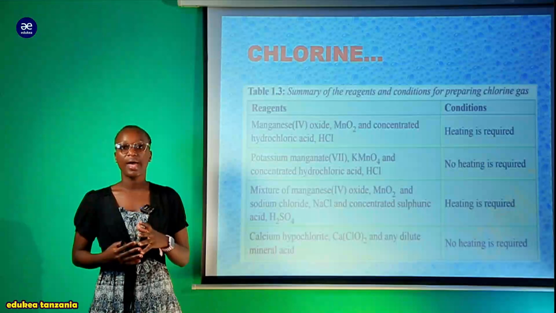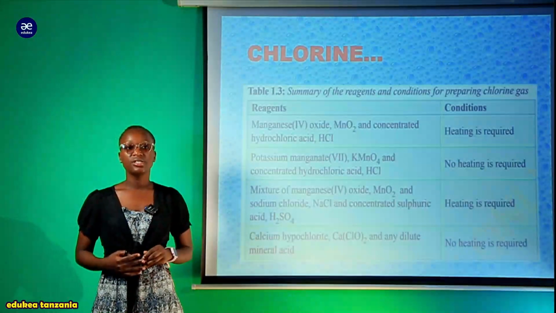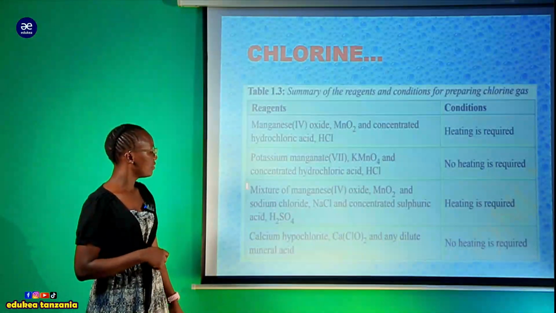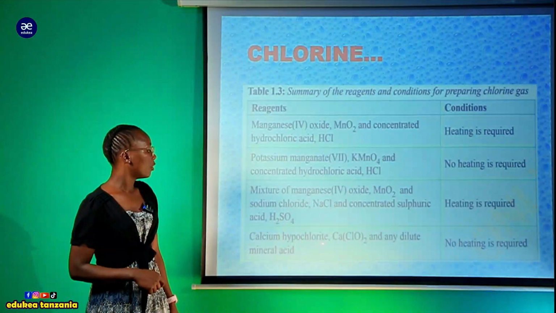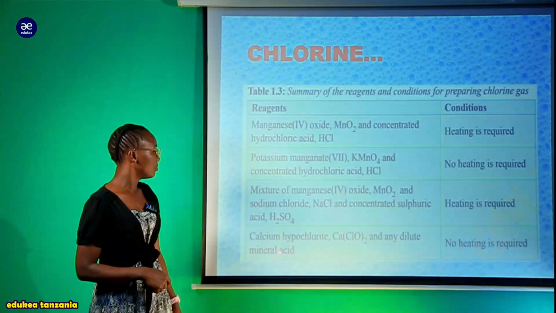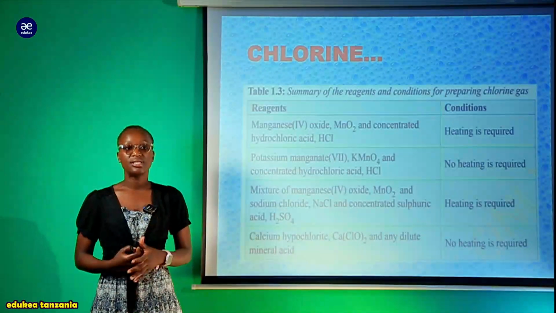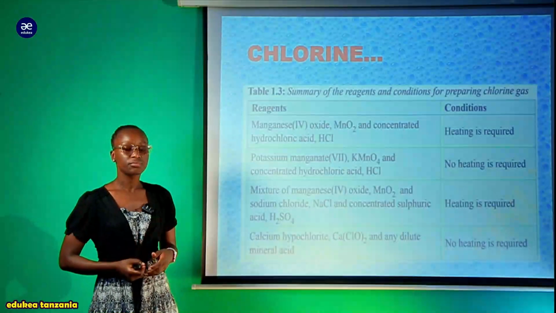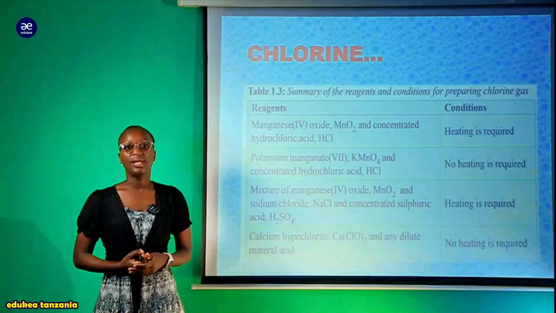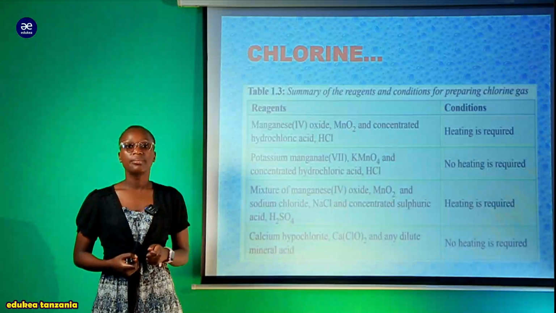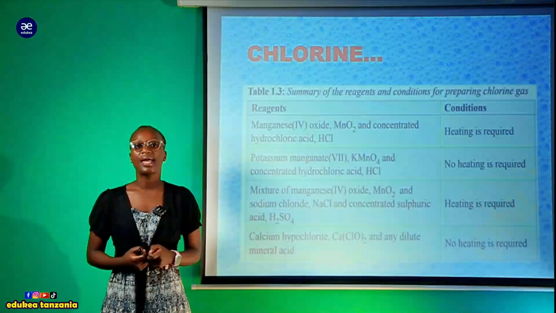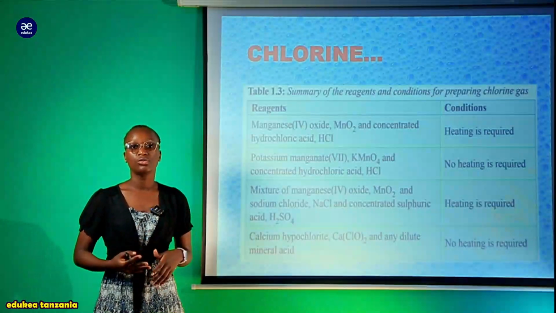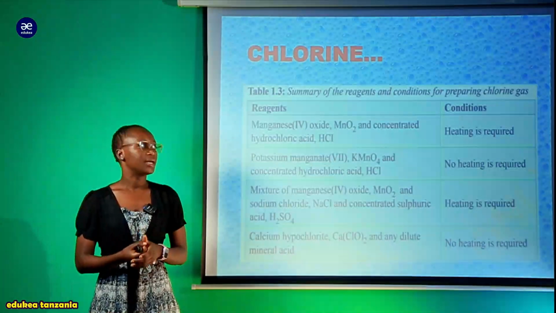So the heating is required so as to make the reaction take place, and finally we are going to have the chlorine gas. But also we have the reagent of calcium hypochlorite and any dilute mineral acid, ambayo dilute mineral acid ambayo inatumika hapa ni hydrochloric acid. So you can see that hypochlorite compound ikireact na any dilute mineral acid ambayo for instance ni hydrochloric acid, the condition is no heating required, and finally we are going to produce the chlorine gas.